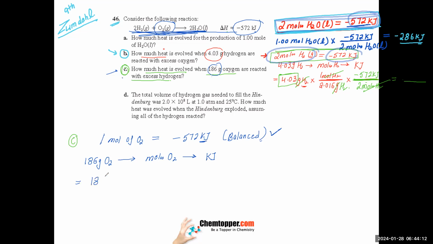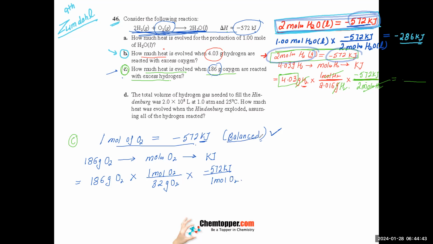So 186 grams of O2 times, tell me the first ratio. Tell me the second ratio. Very good. 1 mole of O2 over 32 grams. Don't take 16 grams. It's O2, it's not O. Then minus 572 kilojoules, the second ratio from here, over 1 mole of O2.